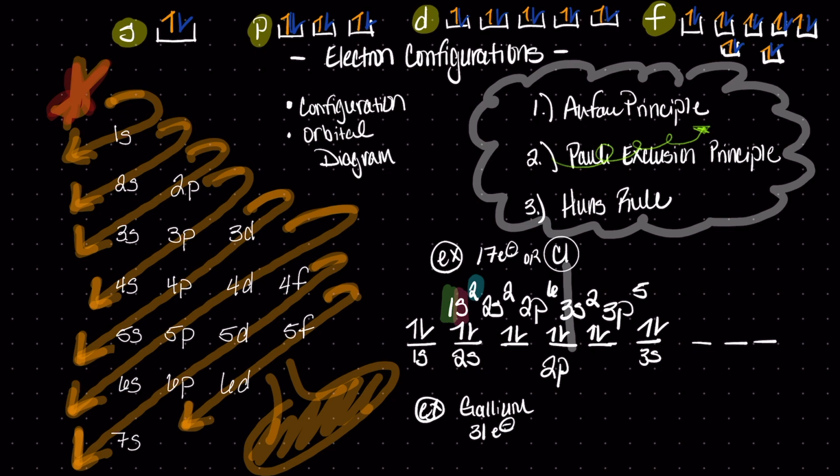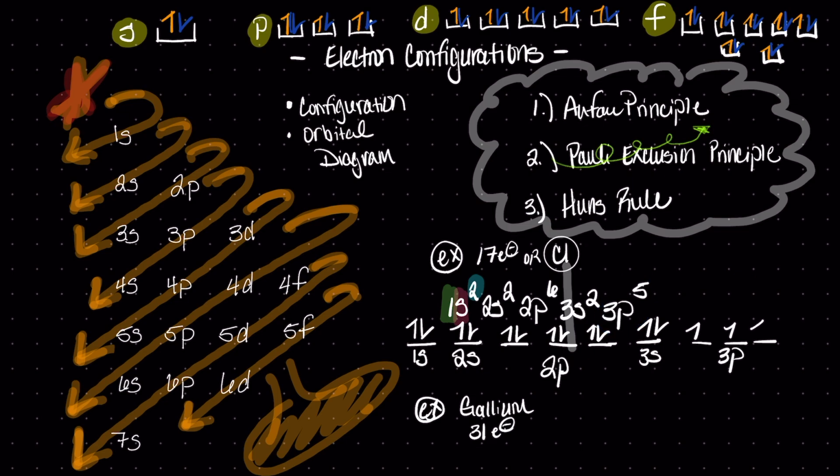I know my p orbital has 3 rooms, 1, 2, 3. So now I'm going to label it 3p. That's just the label so I can refer back to it in the configuration quickly. So if I want to look at how 3p looks, well, 3p says I have 5 electrons to deal with. So with 5 electrons, let's go ahead and fill those in.